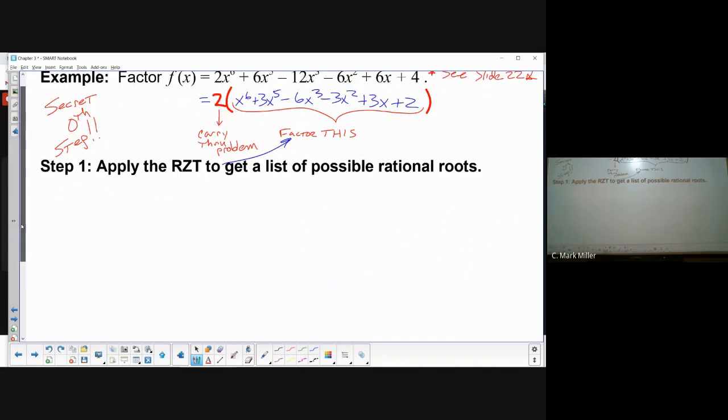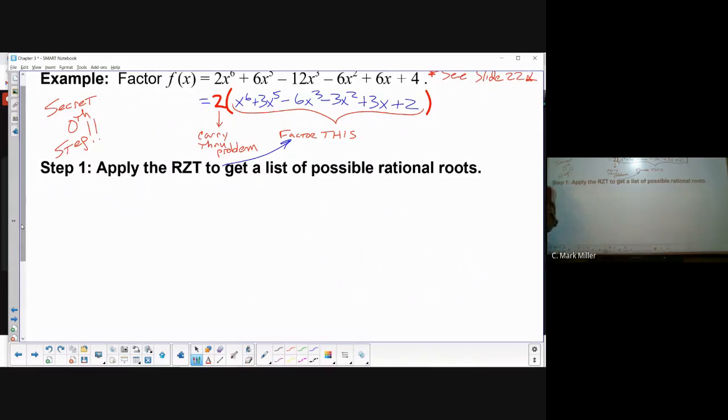So, rational zero theorem says all possible rational roots are going to be P divided by Q, a factor of the constant term, which is 2, divided by a factor of the leading coefficient, which is 1.